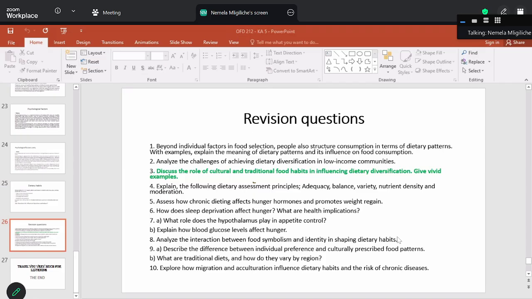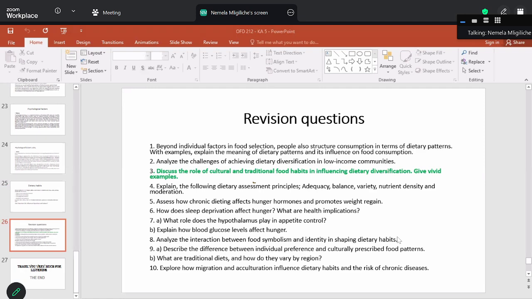So let's also look at this type of question, how to answer this. It's more or less the one which I've just been explaining. The question asks: discuss the role of cultural and traditional food habits in influencing dietary diversification. Give vivid examples.